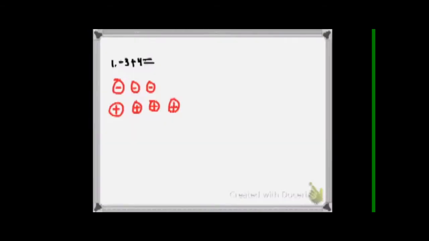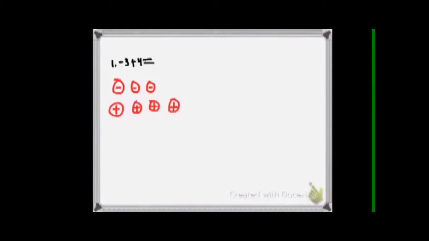At first we're just going to use pictures to make it easier on ourselves. So I drew 3 negative chips and then 4 positive chips. 1 negative chip plus 1 positive chip equals 0 because they balance each other out.